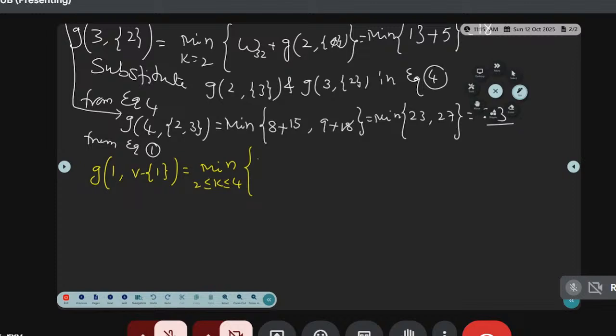W of 1 2 plus G of k 2 comma 3 comma 4, W of 1 3 plus G of 3 comma 2 comma 4, W of 1 4 plus G of.